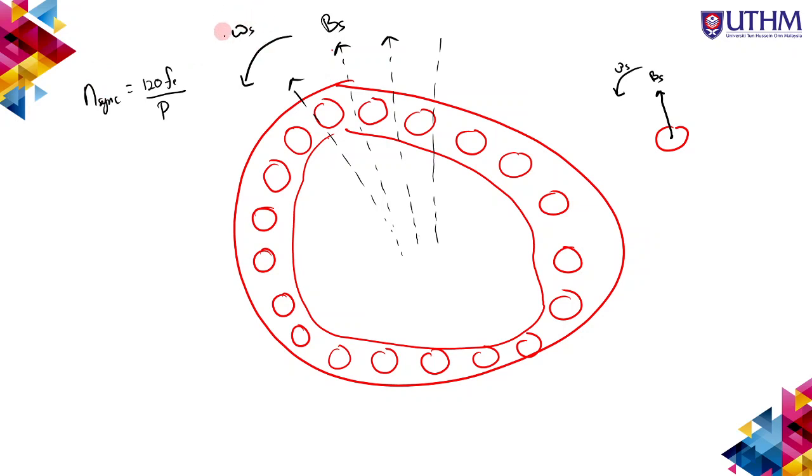This is in RPM, and this is in radians per second, the angular velocity. So in order to get the induced velocity, it actually comes from the relative speed or relative motion.